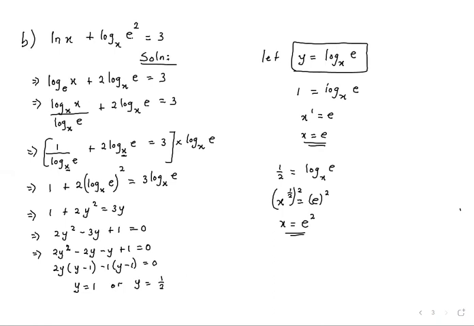Sir, for me, I didn't use x as my base, but I found y to be 2 and y to be 1. But I still find the same values of x, is it? Yes, but the value of y was 2 and 1.